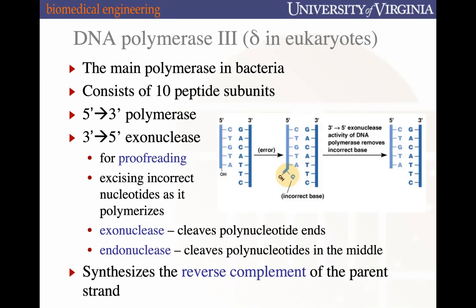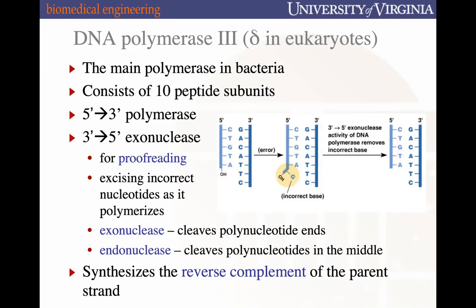Yeah, because of its proofreading abilities, there can sometimes be breaks in the DNA, so it has the ability to assess if there are any wrong nucleotides in the middle, if that makes sense. There can be breaks that are made by, for example, Topoisomerase 1 that can just make a cut there, and sometimes DNA polymerase 3 is able to go in and assess them, proofreading as an endonuclease.